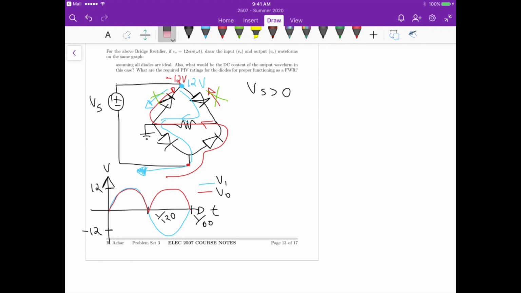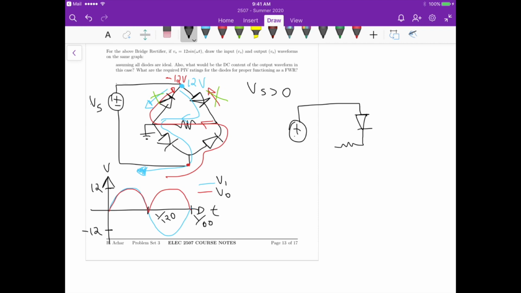Now for the peak inverse voltage, if you look at the circuit, it basically means the voltage that a single diode has to hold, because we have the ground there, is just the voltage here. So suppose we have one diode here conducting, right?